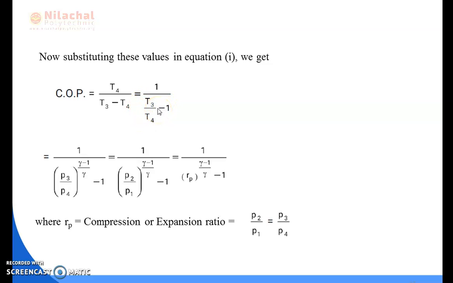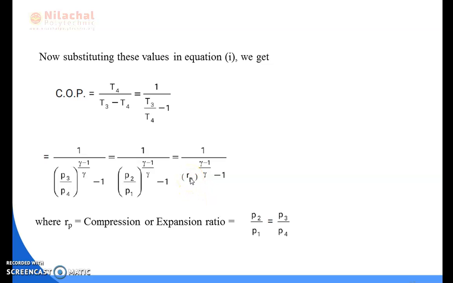Just now you calculated T3/T4 = (P3/P4)^((gamma-1)/gamma). Now you substitute that value here: 1/[(P3/P4)^((gamma-1)/gamma) - 1] equals 1/[(P2/P1)^((gamma-1)/gamma) - 1]. P2/P1 is equal to P3/P4, that is the compression and expansion ratio, the RP.